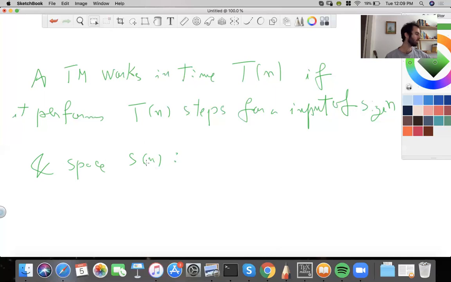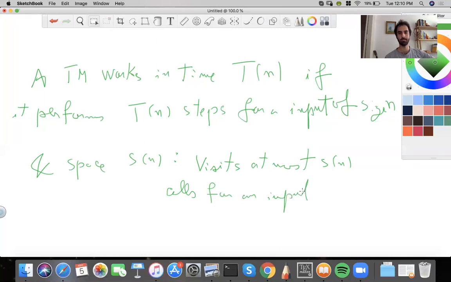So the Turing machine works in a space S of n if it visits at most S of n cells for an input of size n.